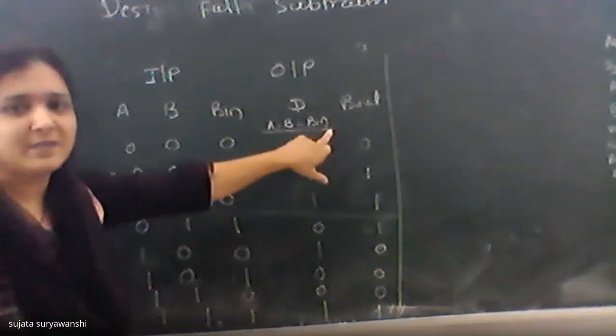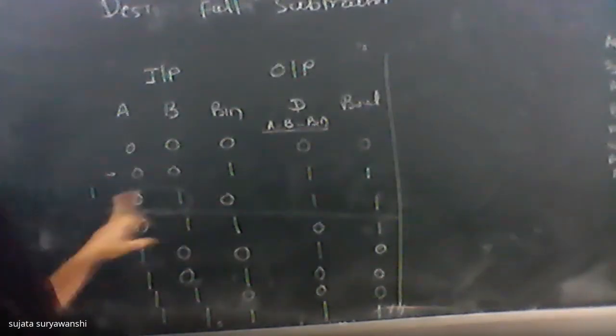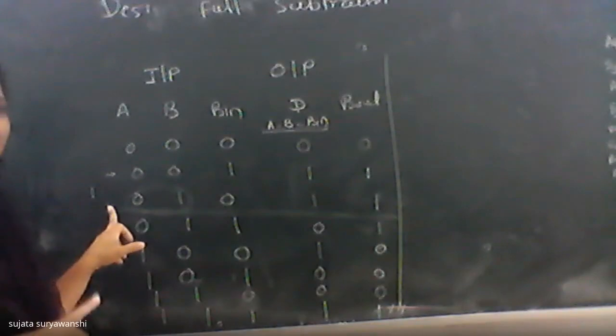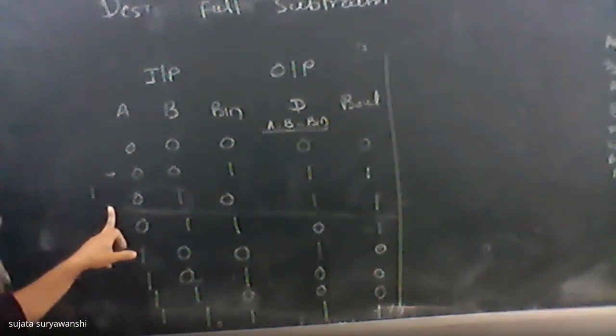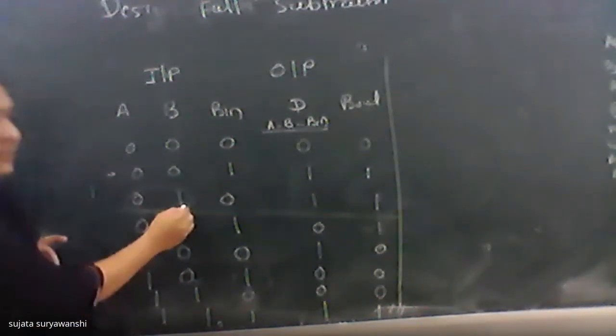You have to consider this sequence A minus B in, where we are subtracting 1 minus 0. Every time your difference will get 1 and borrow is also 1. And what you are getting from the previous subtraction, that particular difference you have to consider for subtraction with the B in.